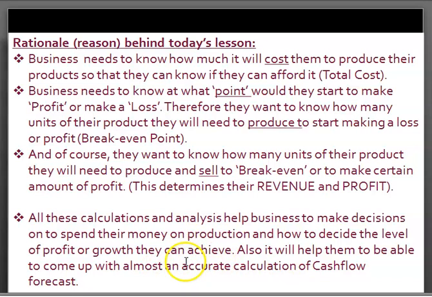So everything is about cash flow forecast as well. When they know how much money will be coming in and how much money will be going out, then they will be able to do their cash flow forecast. Without being able to know all these things, they can't actually do the cash flow forecast that I taught you about a week ago. All right then. Anyway, so let's go.